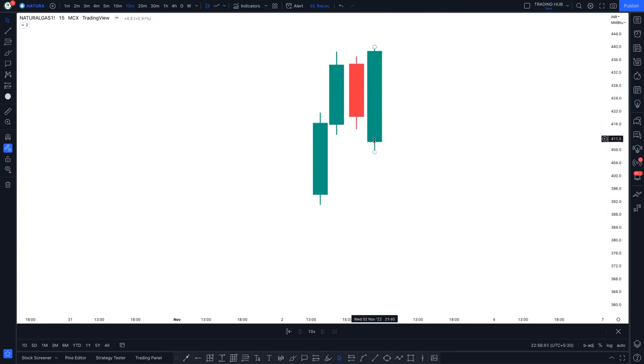So this one is not a valid pullback here, right? Even if the market goes higher like this. So this is not a valid pullback. Why? Because this candle low is not broken yet, right? Even though this candle broke this candle low. So this is also not a valid pullback until this candle low is broken, because of the candle high and candle low. This is an internal candle, which is a various candle, right?